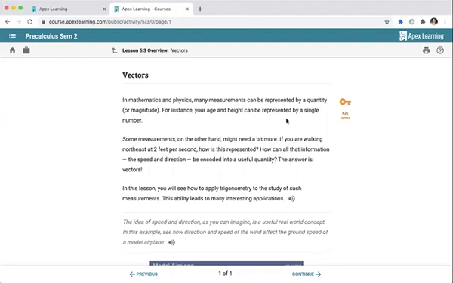Height and age are easy things that can be represented by a number, but some things are a little bit more difficult. For example, if you are walking northeast at 2 feet per second, it's talking about speed and direction being two things. One of the ways that we can describe this is using vectors, because vectors are a magnitude and a direction.